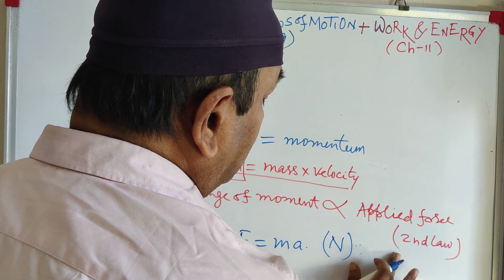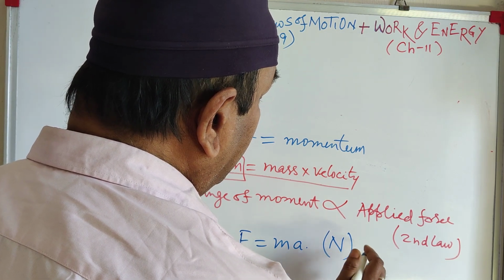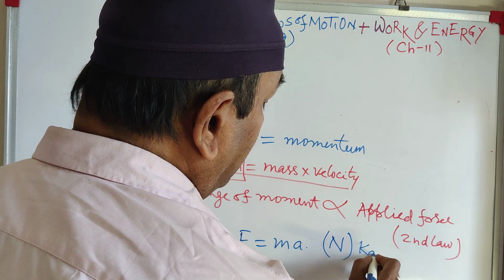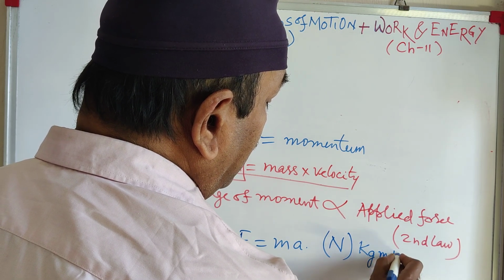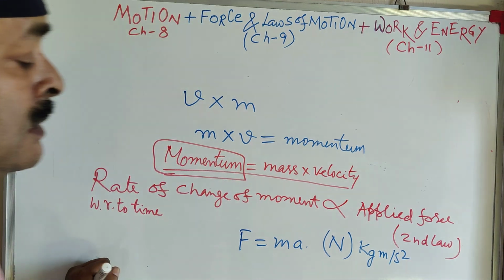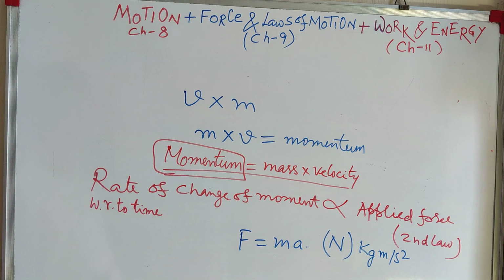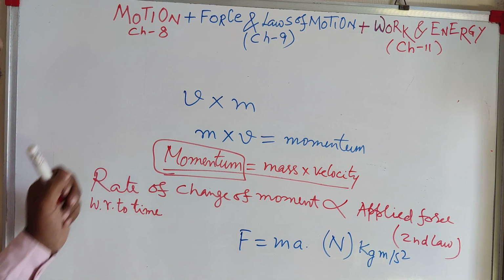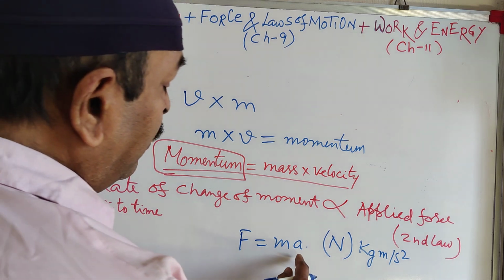Acceleration is meter per second square, mass is kg. This is the force. And from chapter 8 we got the formula of a.